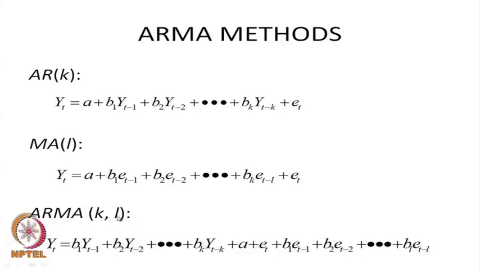So, y_t is equal to, taking from here, B1 y_t minus 1, B2 y_t minus 2, etcetera, Bk y_t minus k plus A plus E_t plus the rest of it, which is B1 E_t minus 1, etcetera. Now, this looks quite complicated. In actual practice, one can just have k equal to 1 and L equal to 1, in which case this becomes much simpler.